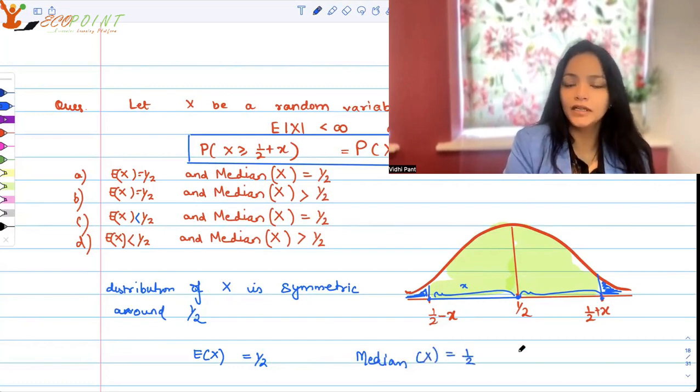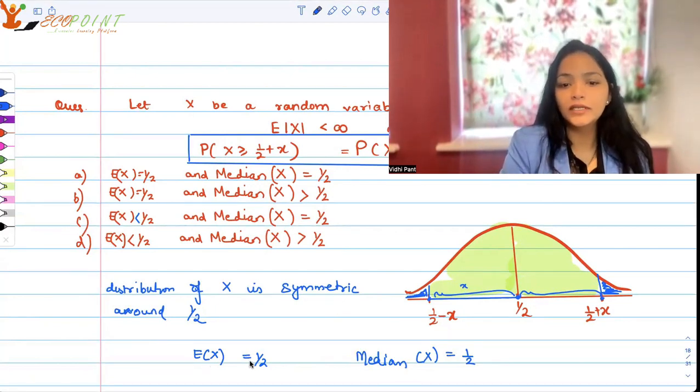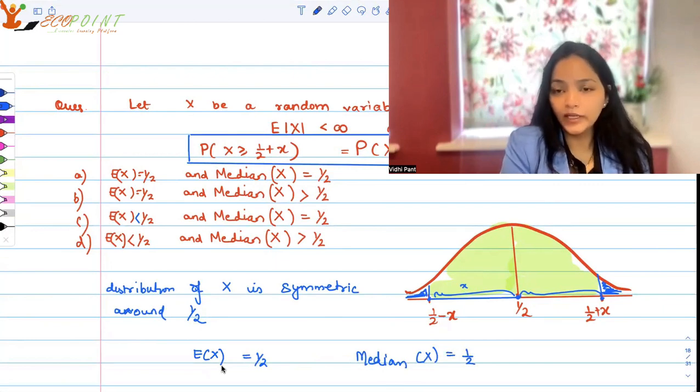That's what median does. Median is that value on the left of which you have same area as you have on the right. So median and mean both are actually the same when your distribution is symmetric. If your distribution is symmetric, mean, median, mode, all 3 of them are actually equal, right?